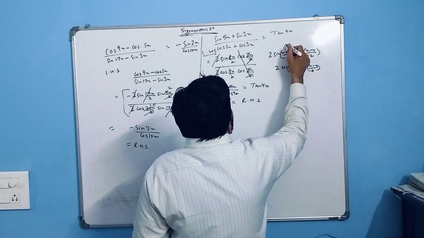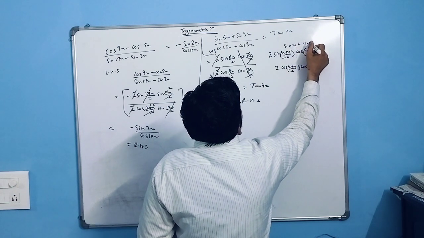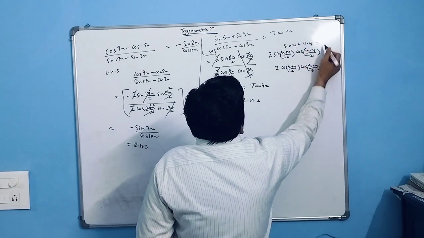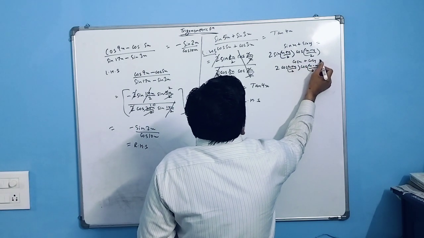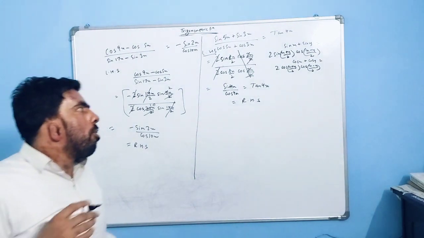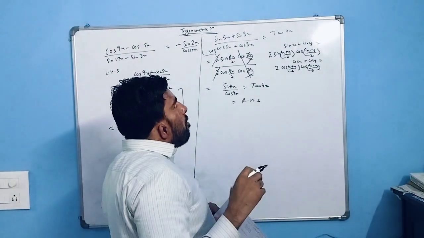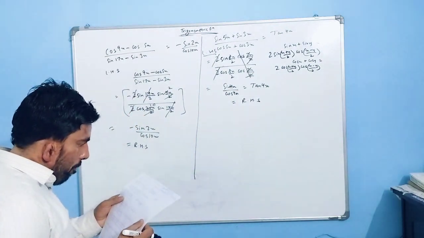So these two identities I have used, and finally I got my answer, that is tan x. Okay. Now let us try to solve more numericals.